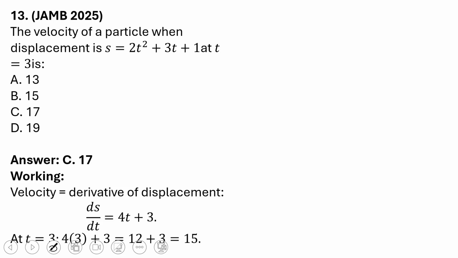Number 13, it says the velocity of a particle when displacement s equals 2t squared plus 3t plus 1 at t equals 3 is, again, this is displacement s equals 2t squared plus 3t plus 1, right? This is the t here.